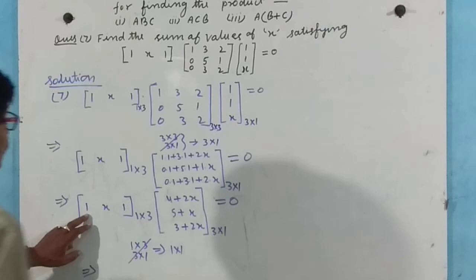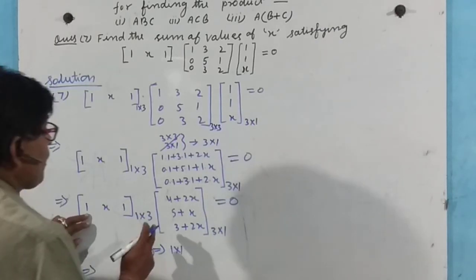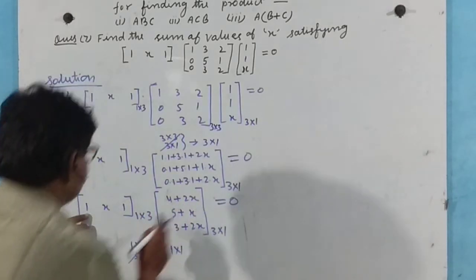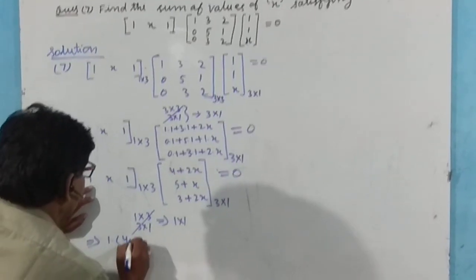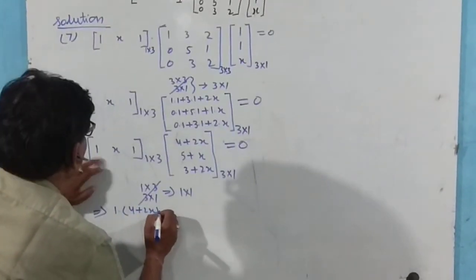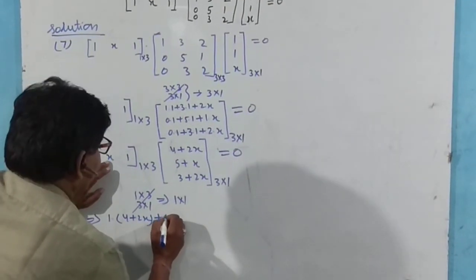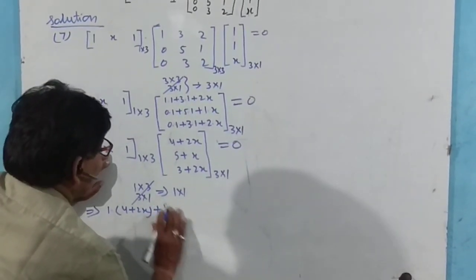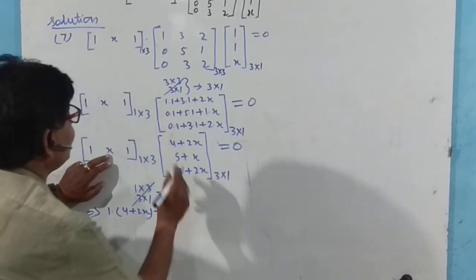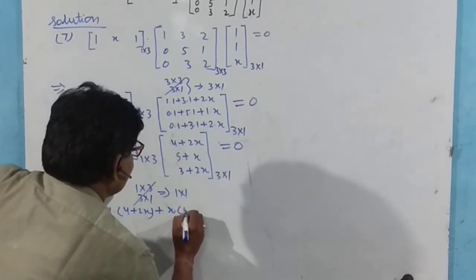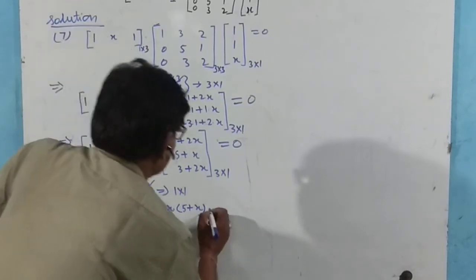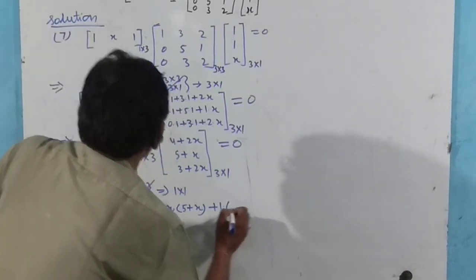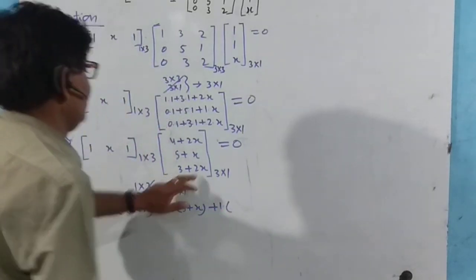This is 1 into 4 plus 2x, plus x into 5 plus x, plus 1 into 3 plus 2x.